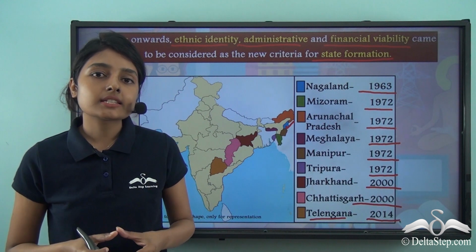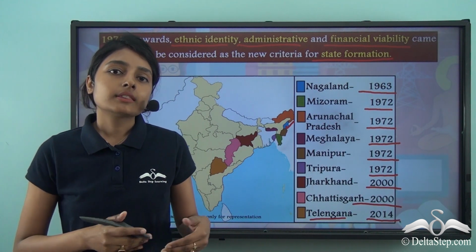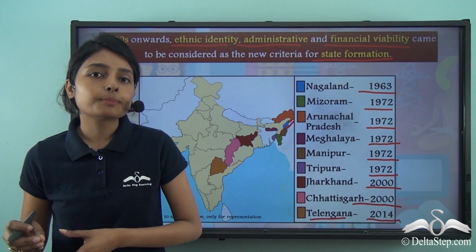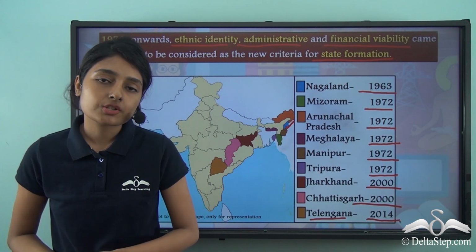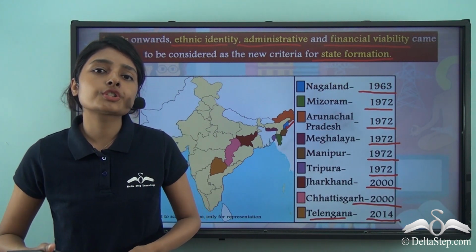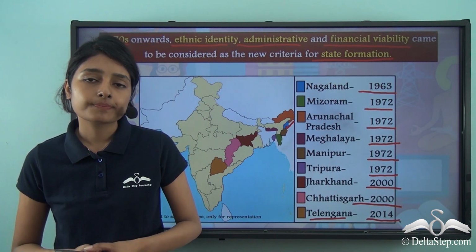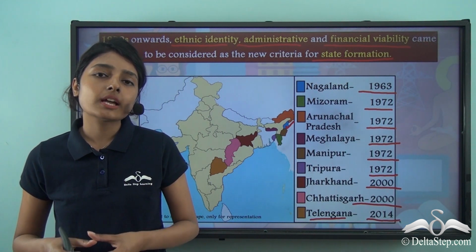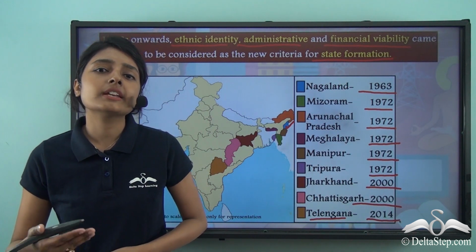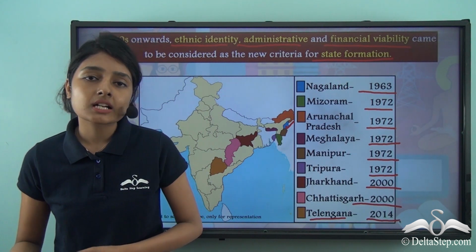Now we learned that there were differences between the people living in the Telangana region and the people living in the coastal regions. And so the people living in the Telangana region wanted to break free from Andhra Pradesh. They did not want to live together with the people of the coastal regions who had very different ways of living and culture.